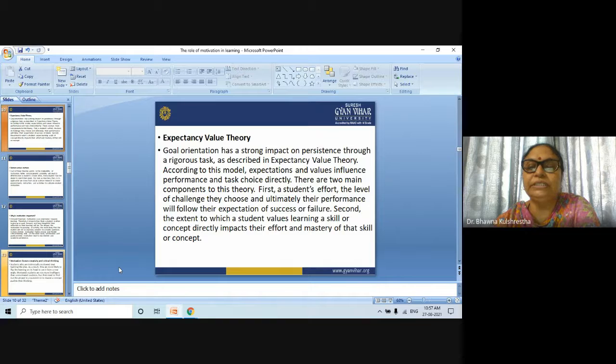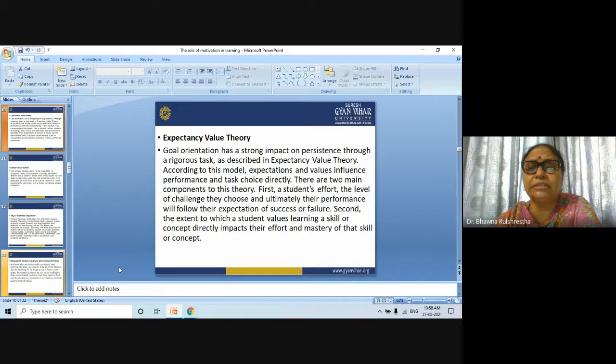First, our students' effort, the level of challenges they choose, and ultimately their performance will follow their expectation of success or failure. And second, the extent to which a student values learning a skill or concept directly impacts their effort and mastery of that skill or concept.